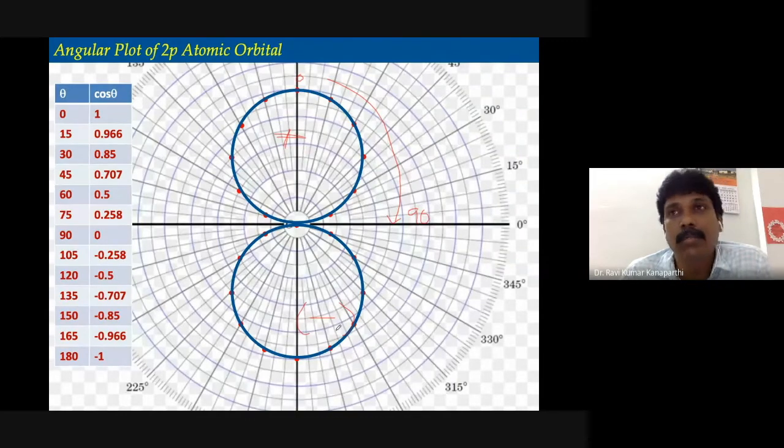For example, in a linear graph, when you are plotting how something varies with distance, we can take 1 centimeter, 2 centimeter, 3 centimeter. Otherwise, if it is kilometer also, we can take the same unit, right? Each 1 centimeter unit, you can take as 1 kilometer also. That is all up to you. Exactly the same thing happens here. You can assign the magnitude as you wish, and then accordingly proceed.